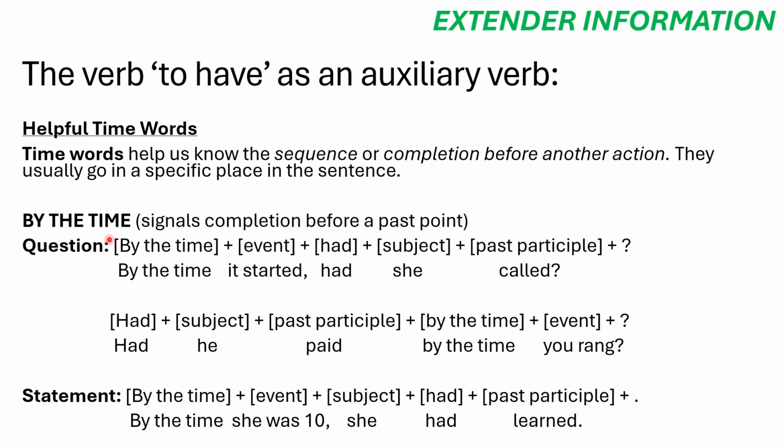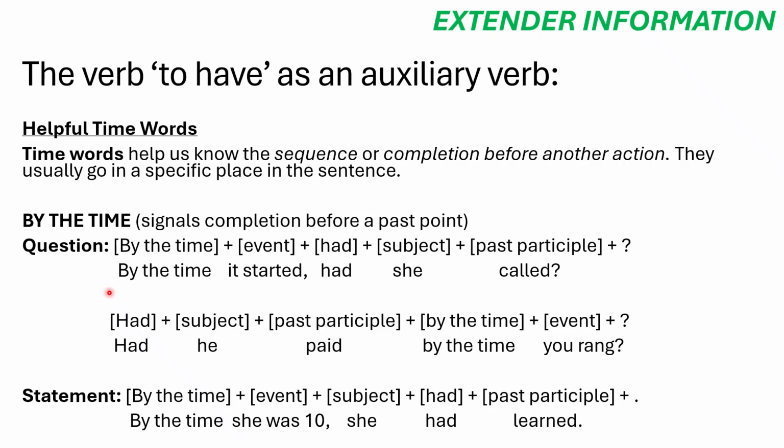By the time signals completion before a past point. In a question, by the time can be used in two places. By the time plus event plus had plus subject plus past participle.